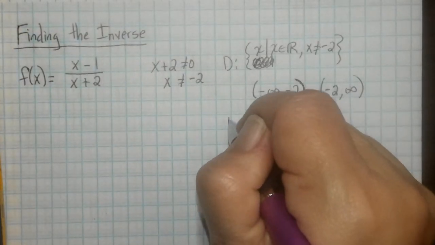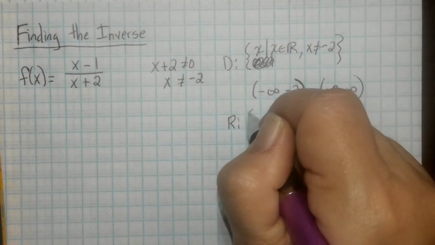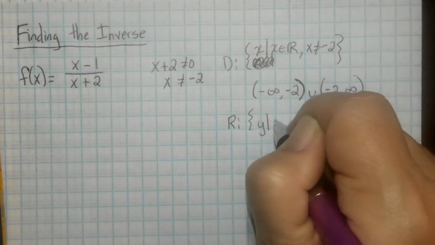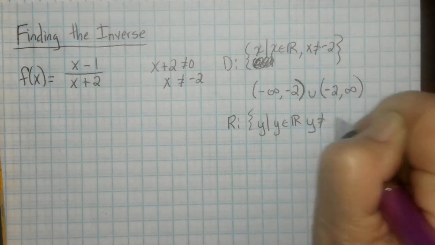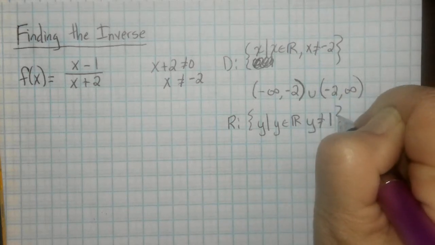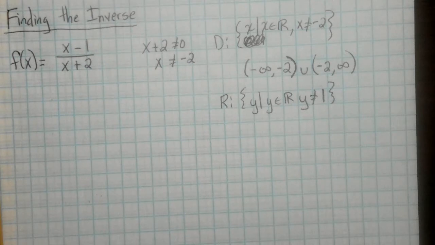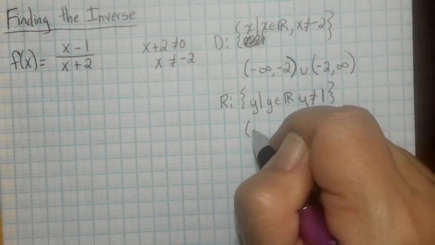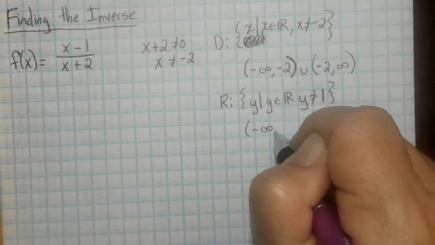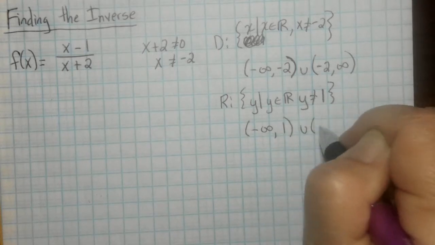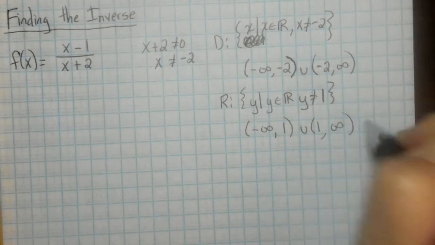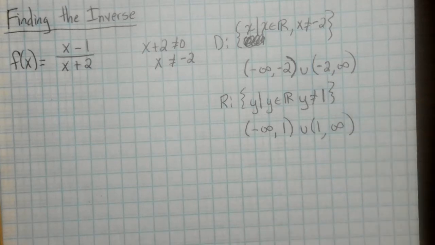So for my range, I could say all y's such that y is an element of the real numbers and y does not equal 1. Or if I put it in interval notation, it would go from -infinity to 1, union with 1 to infinity. Set notation, interval notation.